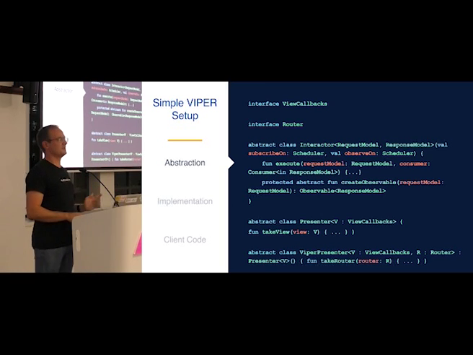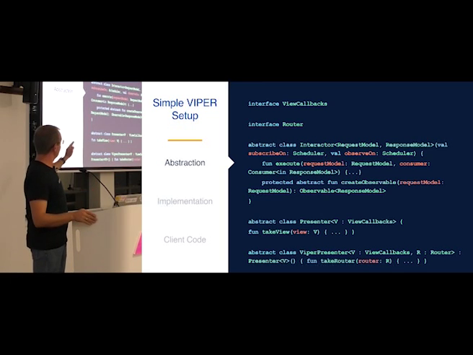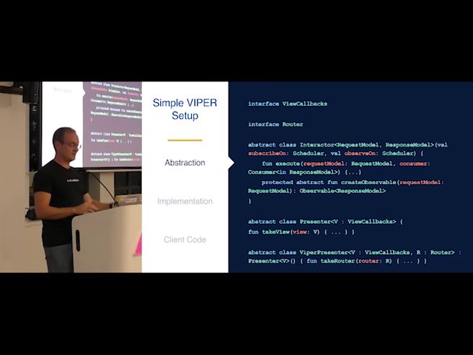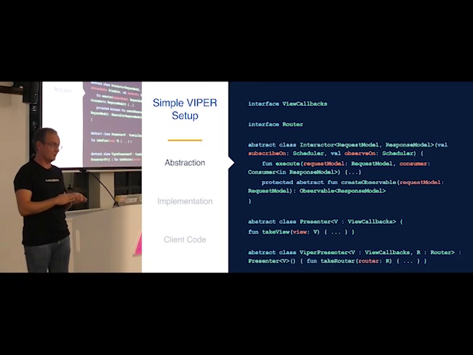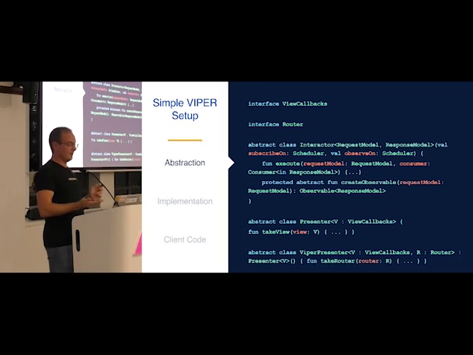So for the abstraction, let's say you want to implement a Viper library. You will end up having an interface for view callbacks and an interface for router. That's easy. Then you have an abstract class for the interactor, which has two generic params, request model and response model, right? And the interactor can create an observable.